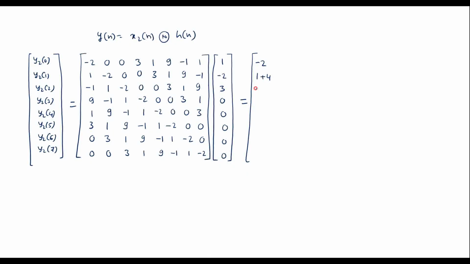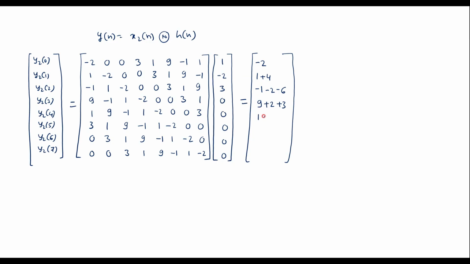Minus 1 into 1 is minus 1. Minus 2 into 3 is minus 6. Rest all are zeros. 9 into 1 is 9. Minus 1 into minus 2 is plus 2. Then 1 into 3 is plus 3, 1 into 1 is 1.